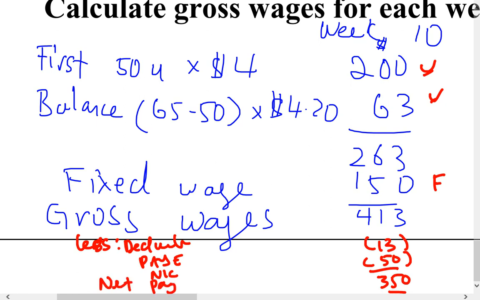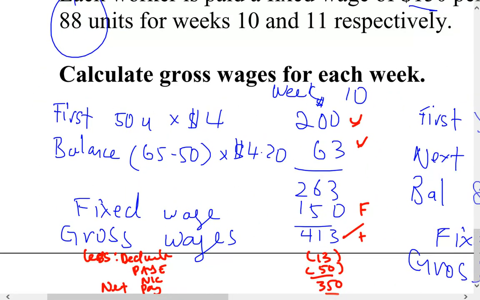What is the cost to the company? I'm the company, you are the staff. 413. If I have employer's contribution, you plus employer's contribution on EPF. Okay? This is week 10.